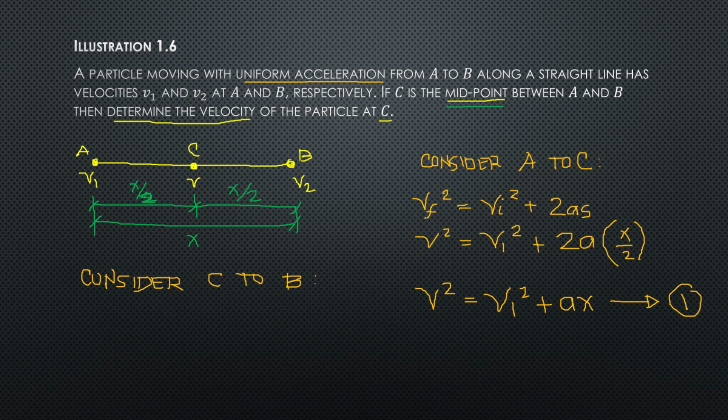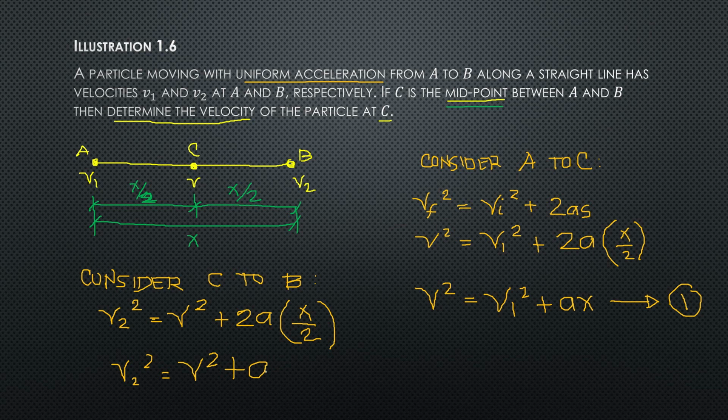Using a similar equation, the final velocity squared, v2 squared, will be equal to the initial velocity squared, v squared at point C, plus twice the acceleration and displacement x over 2, which gives ax. This will be equation 2.